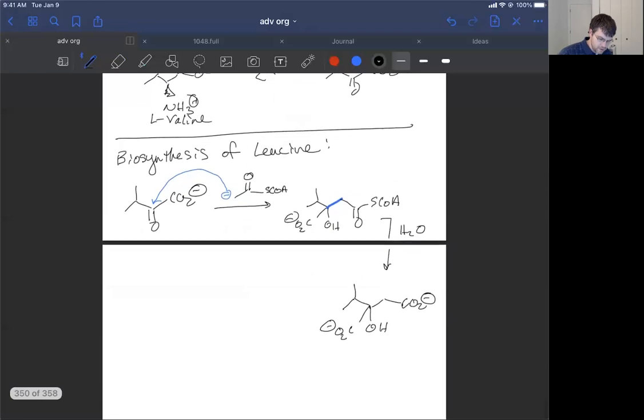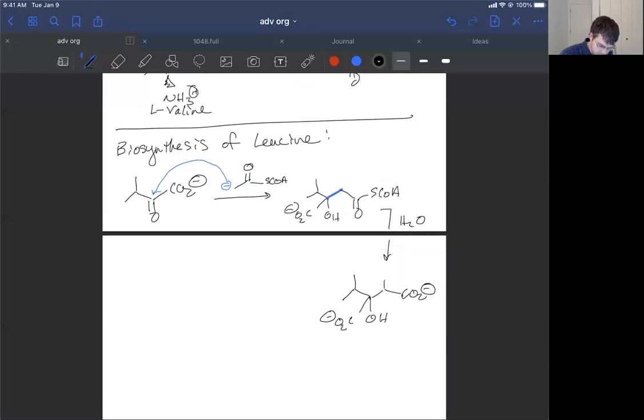Okay, so it says we're going to do a dehydration, rehydration. So that means we're going to lose water. This isn't shown in the book, but it's not overly complicated. Oh, I just lost that OH, didn't I?